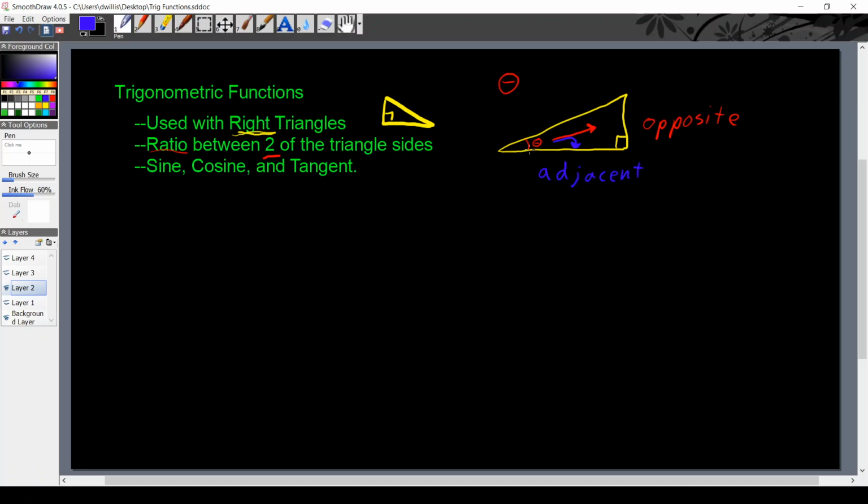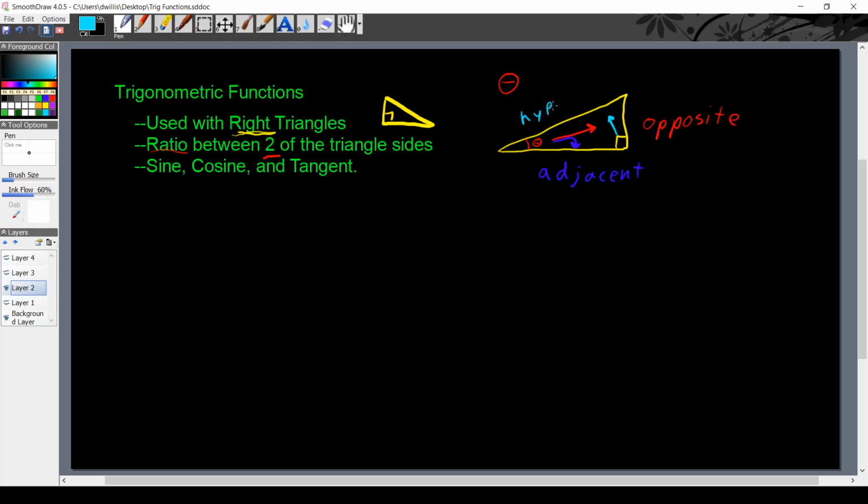The next one we're going to talk about is the one next to theta, called the adjacent side, because it is adjacent or right next to the angle theta. Now I hear what you're thinking: but wait, Mr. Willis, what about this other side up here? Isn't it also next to theta? It is, but it is directly across from the right angle and is the longest side of the triangle. So it has a special name.